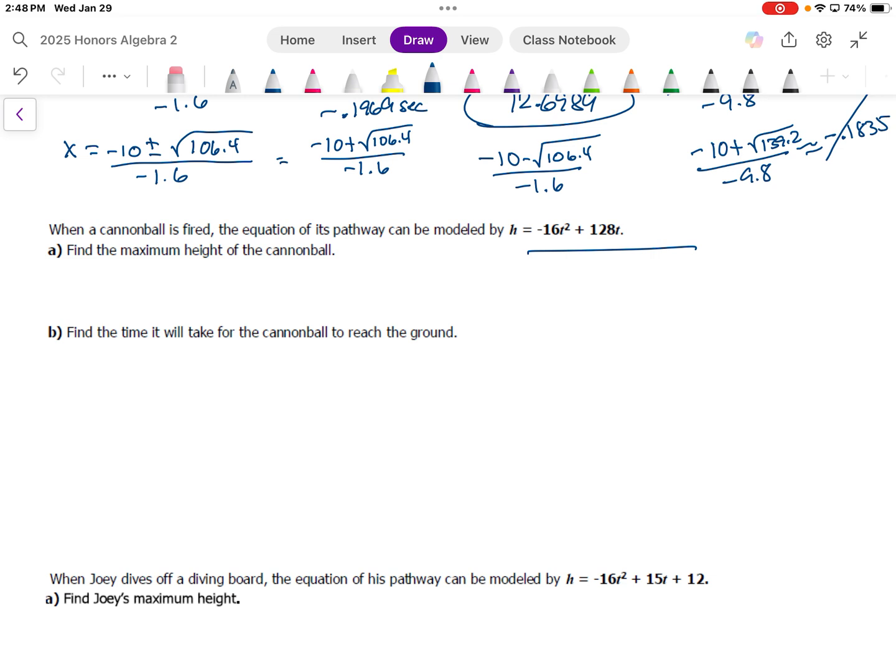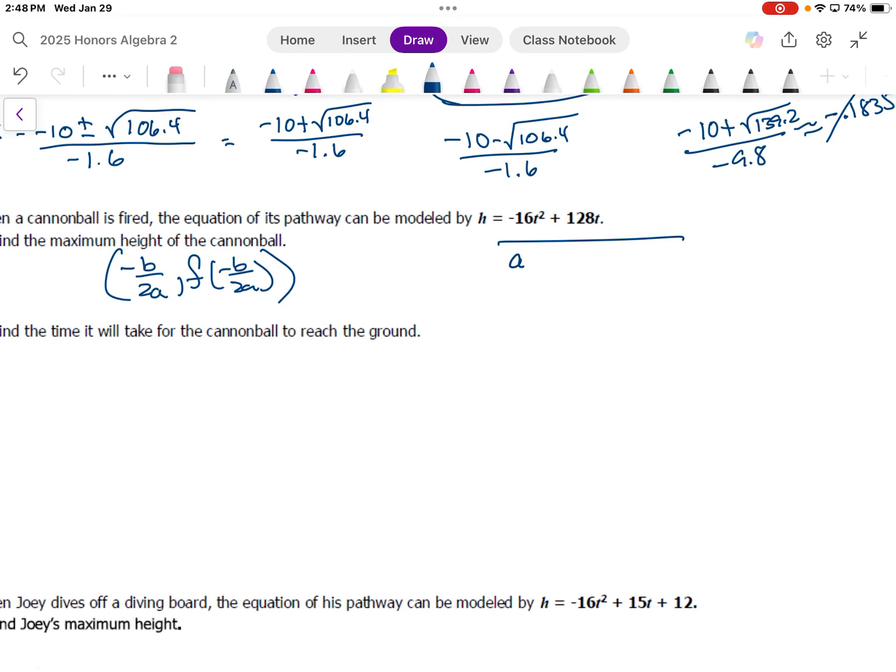So now as we look at this problem, find the max height. So we're going to do that negative b over 2a, and then we're going to do f of negative b over 2a. So my a is negative 16. Gravity is negative 16 feet per second squared. And then my b is equal to 128. So again, negative b over 2a.